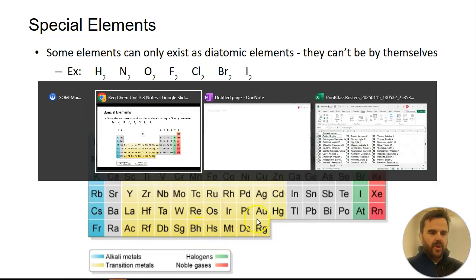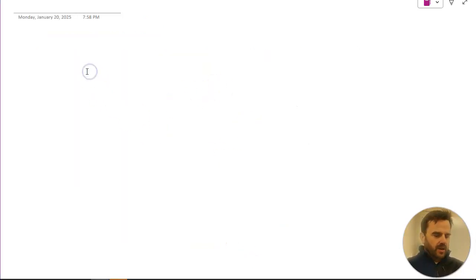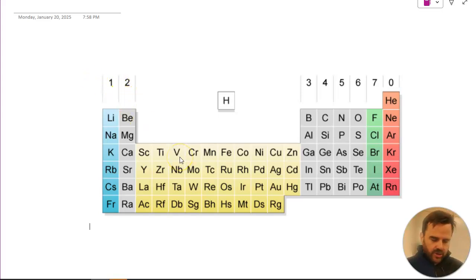I don't know why they did it that way, but let me just put this on our notebook. And I want to show you how you can remember all of these 7. There are 7 diatomic elements, and that means these elements only come in pairs of 2. So when I just say there's oxygen gas, you should always know that I'm talking about O2. Diatomic meaning 2 atoms together.